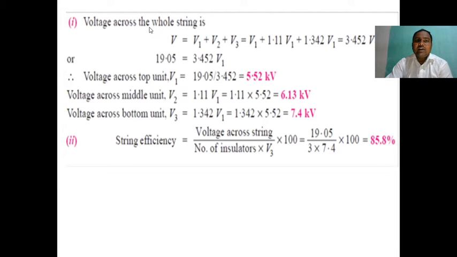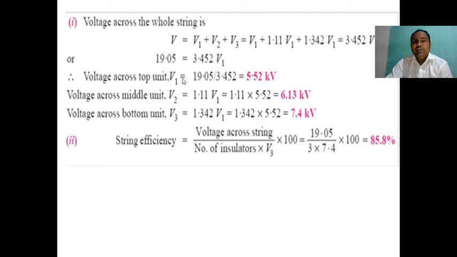The voltage across the whole string is V equal to V1 plus V2 plus V3, that is V1 plus 1.11 V1 plus 1.342 V1, equal to 3.452 V1.